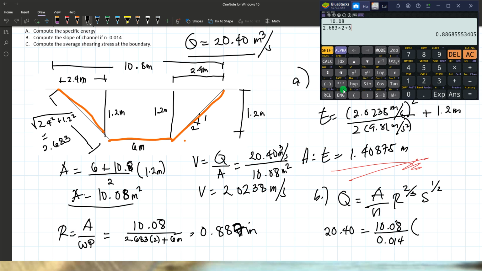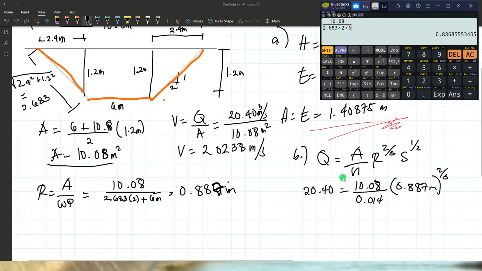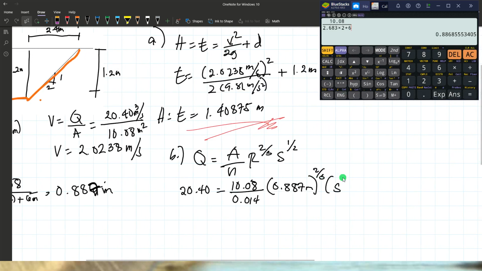So substitute it here, 0.887 raised to 2/3 multiplied by S, which is unknown, raised to 1/2.